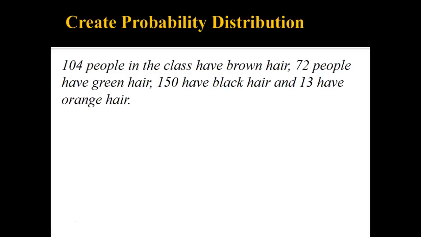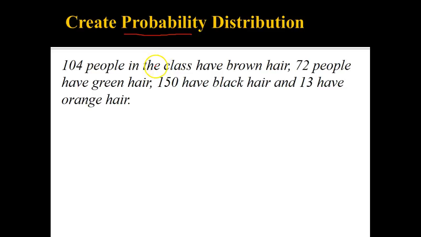So we're going to create a probability distribution. This is how it works. I'm giving you a bunch of data here. 104 people in class have brown hair, 72 people have green hair, 150 have black hair, and 13 have orange hair. When I say the word probability distribution, what I'm asking is, what's the probability that if I pick a person at random in the class, they would have brown hair, let's say.